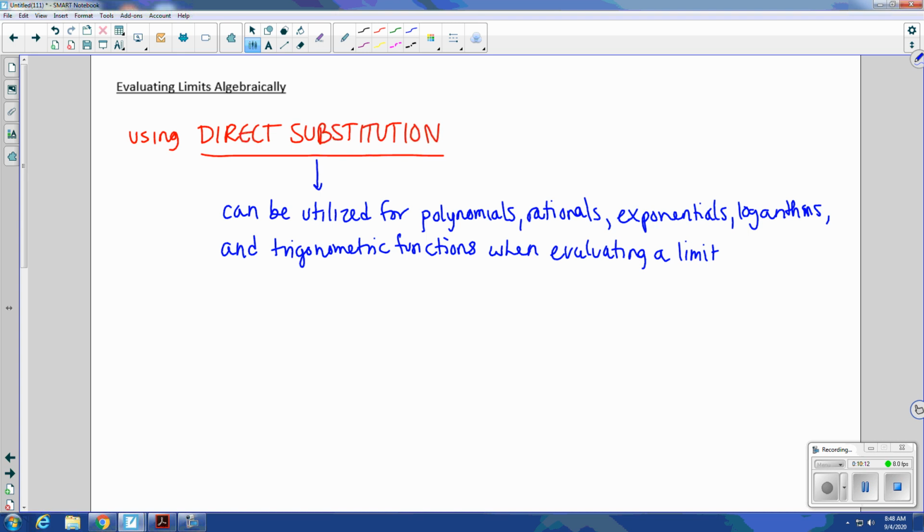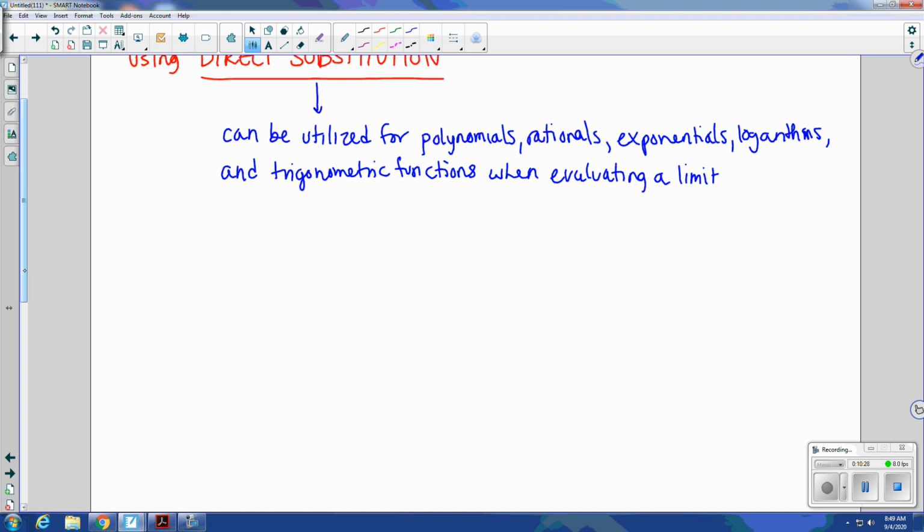So our first move every time we have a limit question in this class that we need to determine algebraically, the first thing I want you to do is jump to direct substitution. And as a result of that direct substitution, we could see a few possibilities.